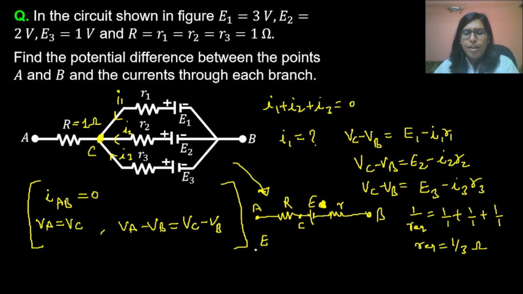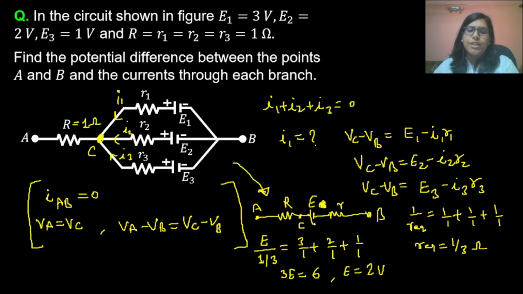So E equivalent upon R equivalent, that means E upon 1 by 3, equals E1 upon R1, that means 3 by 1, then E2 upon R2, that is 2 by 1, and E3 upon R3, that is 1 by 1. So this becomes 3E equals 6, that means E equivalent is 2 volt.